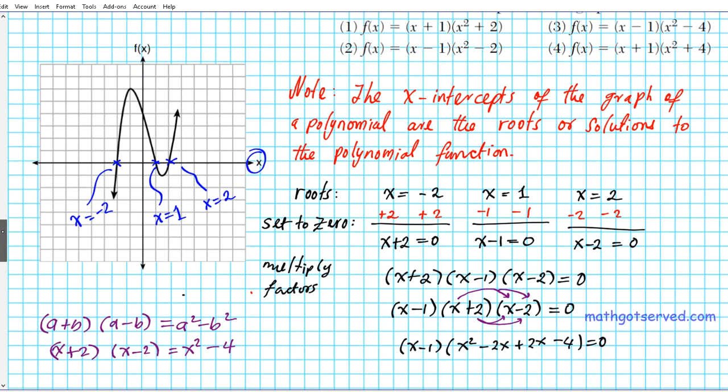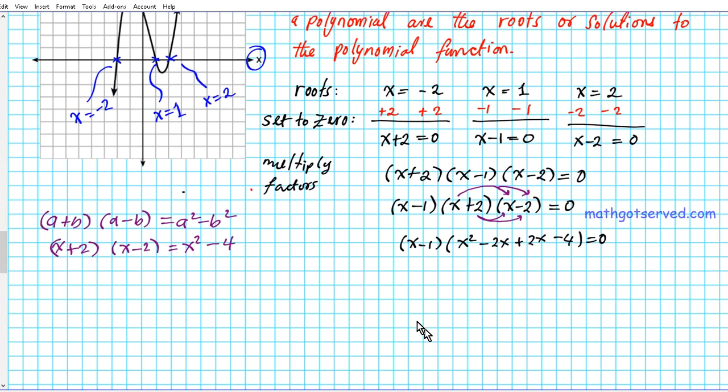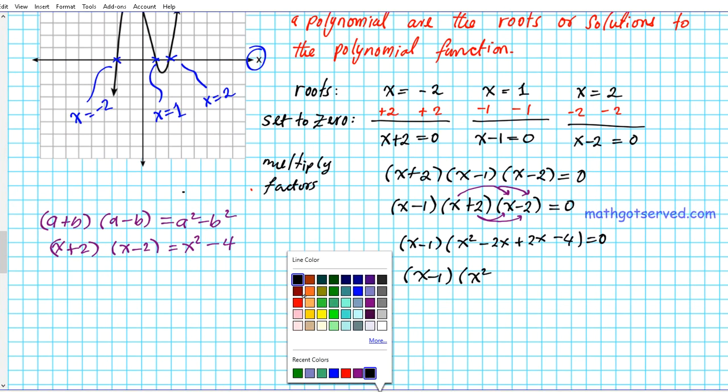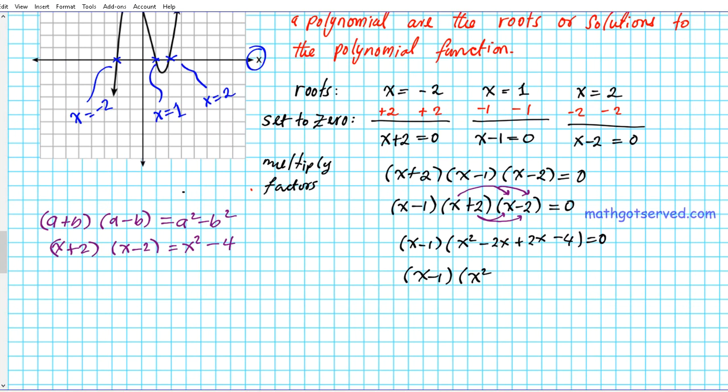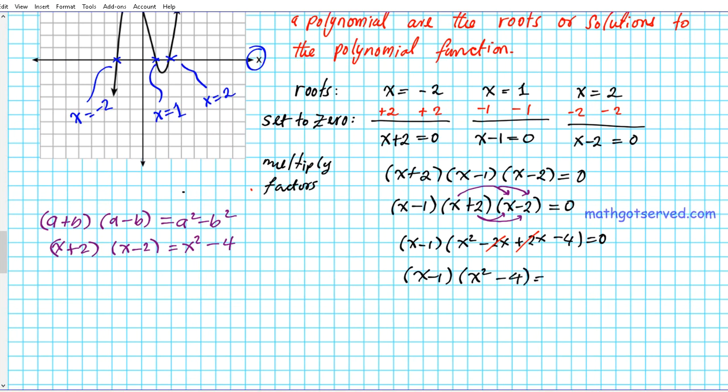And then we can simplify further. What would that give us? It will give us x minus 1 times x squared. You notice that the middle terms can be combined. They're first degree terms here, like terms, but they're opposite, so they basically take each other out, right? And then we're left with x squared minus 4 equals 0.